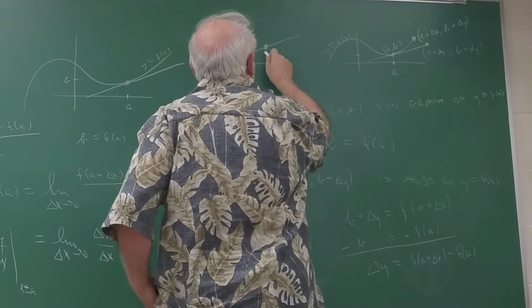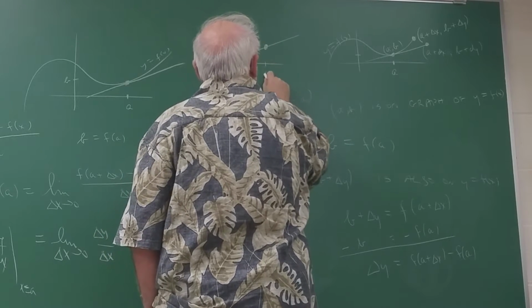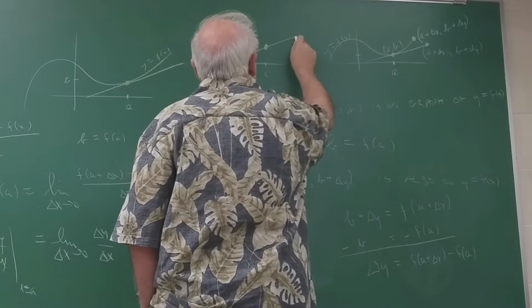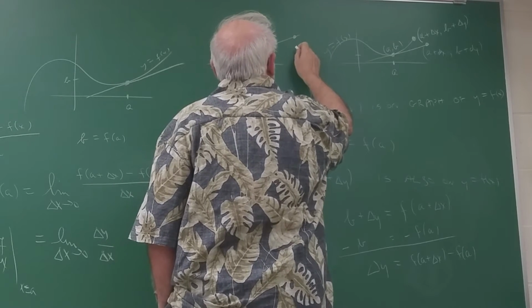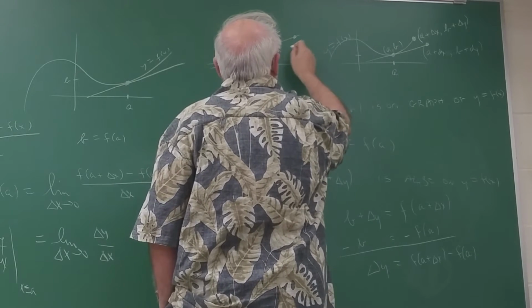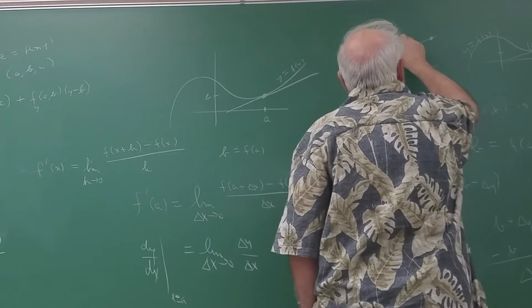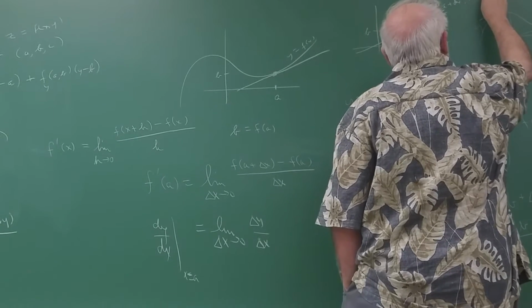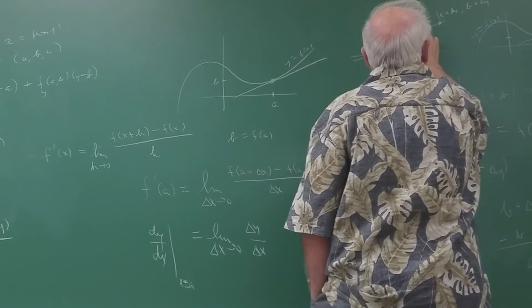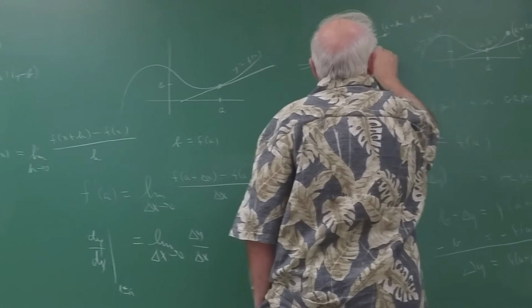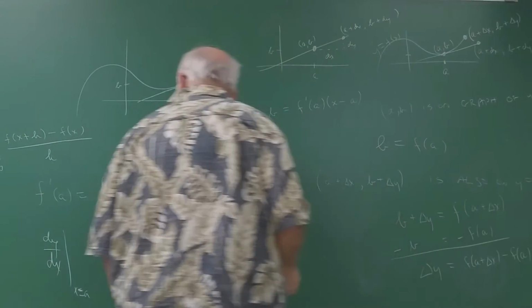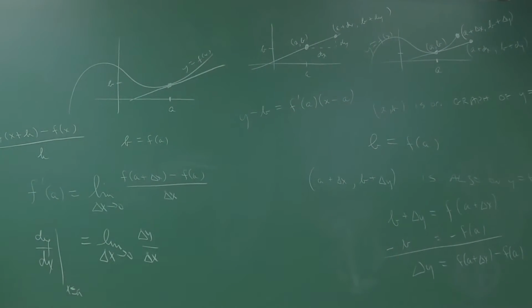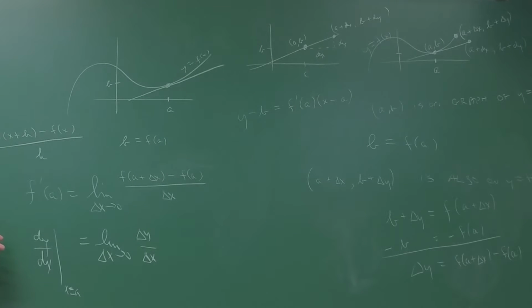All right, so here is A and B. And out here somewhere is A plus dx, B plus dy. And so the gaps here are dx and dy. And naturally dy over dx is the slope. So naturally dy over dx is the derivative, the limit of all that mess.